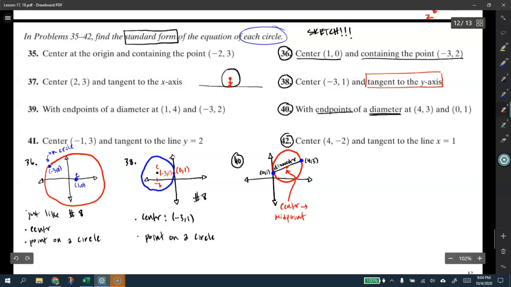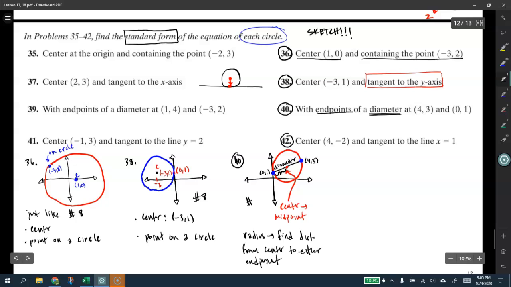And once you have the center, you can find the radius. The way that you find the radius is you find the distance from the center to either endpoint.